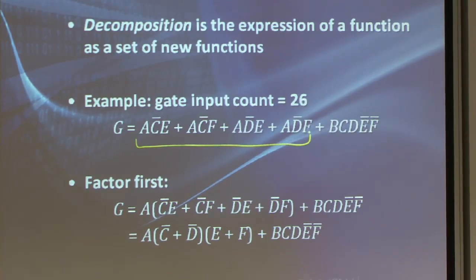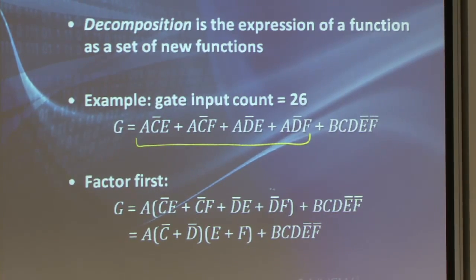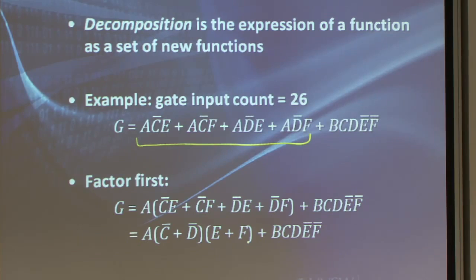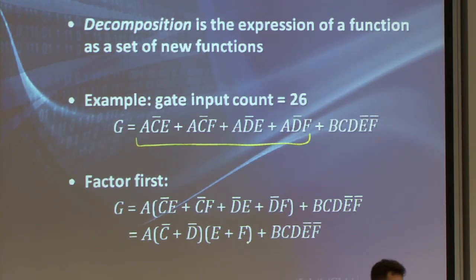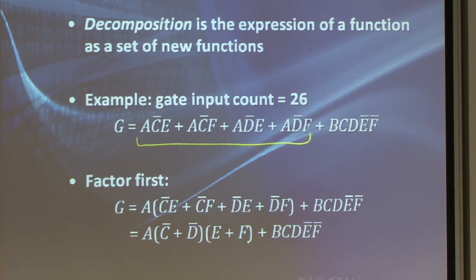And then we can take out the not c in one term and the not d in another term, and figure out that what we get in both of them is e or f, and factor this out as well. So far nothing new. We're just doing factoring just like we've done before. So we already reduced the function a little bit.